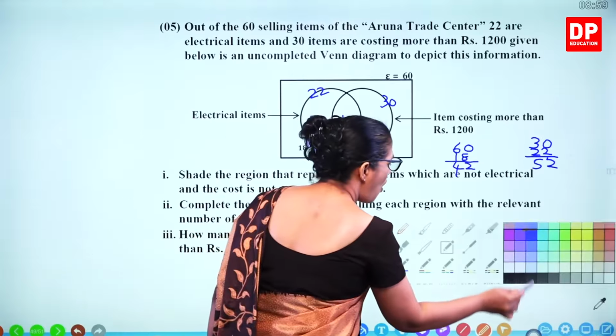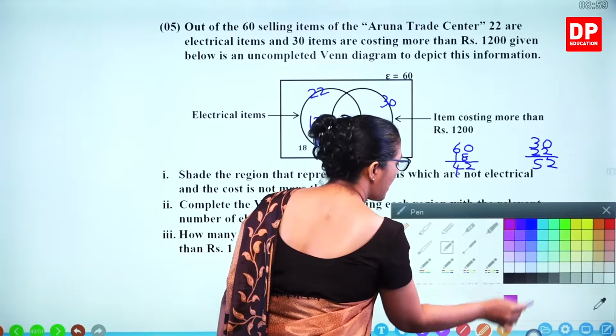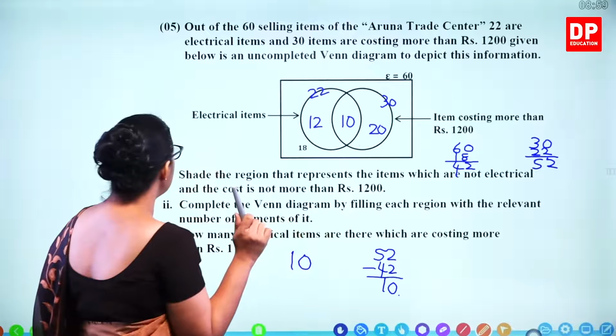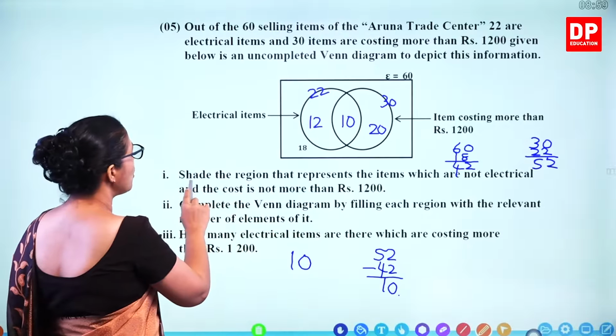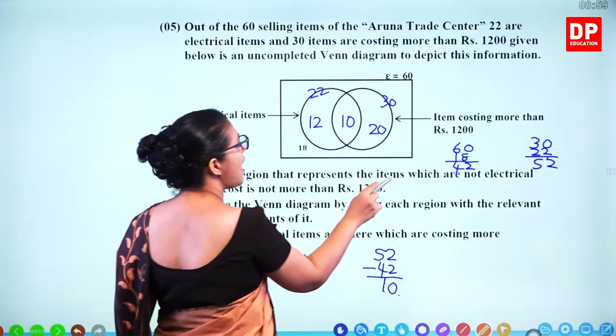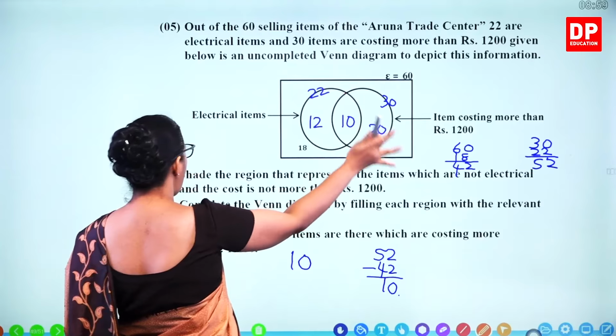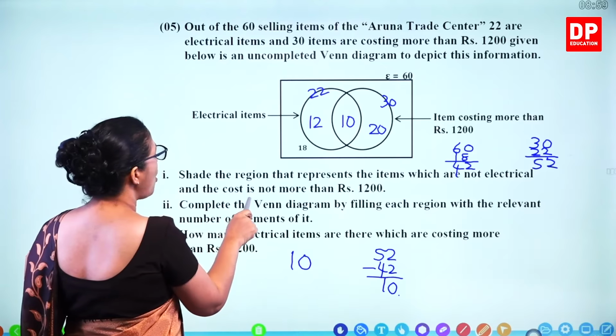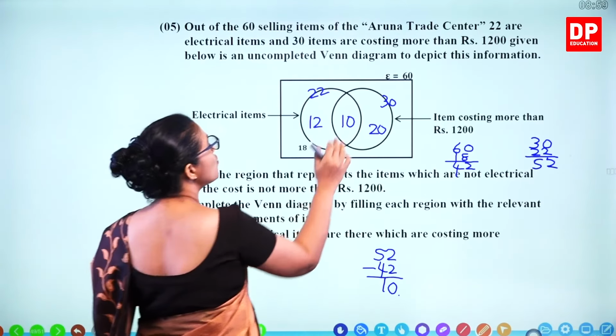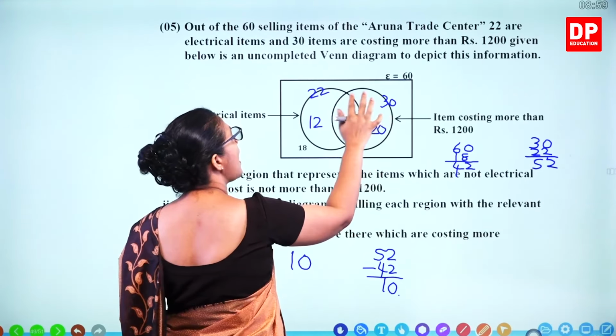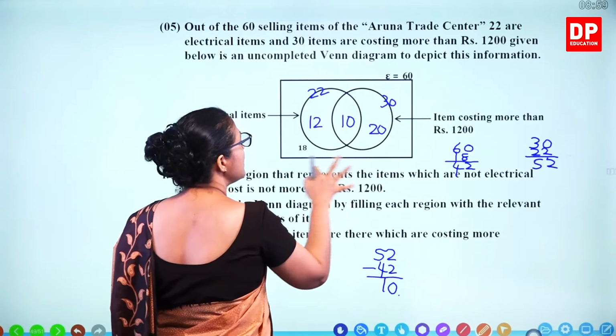Now we'll see how many marks you are getting, and also it says shade. This one we have to do. Shade the region that represents the items which are not electrical, that means outside, and the cost is not more than 1200. Not inside this, that means outside.